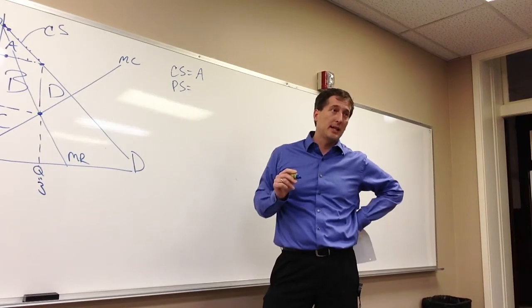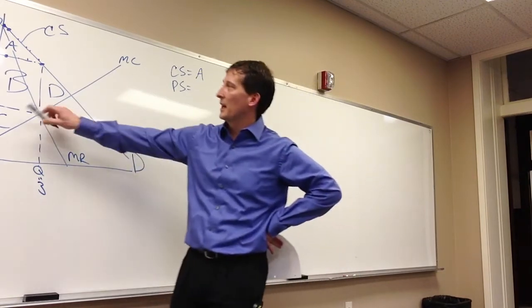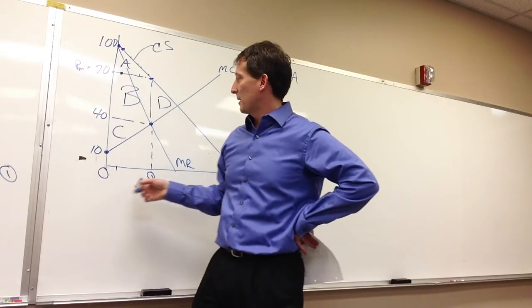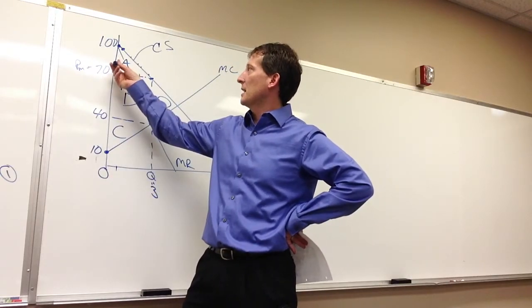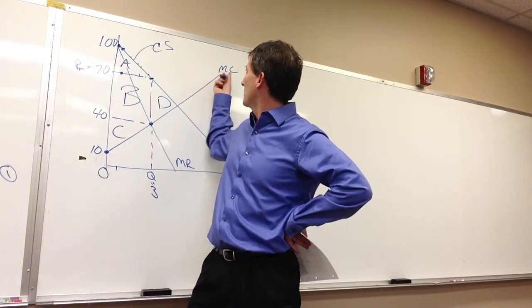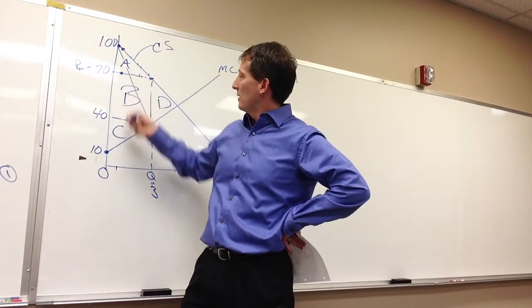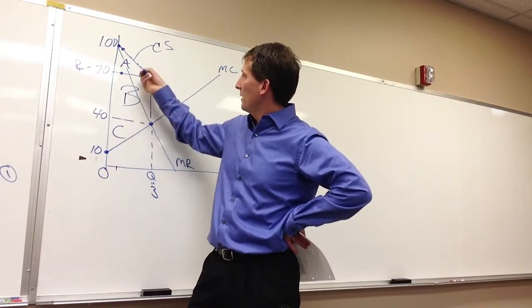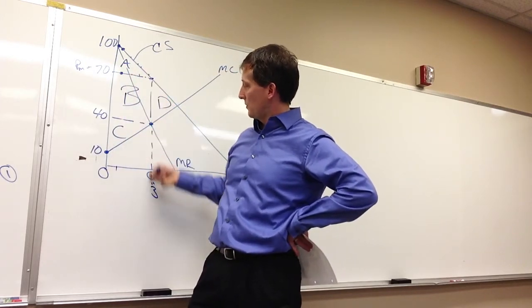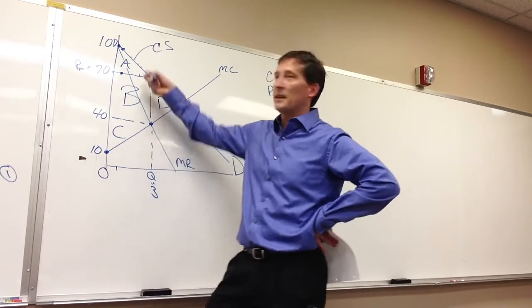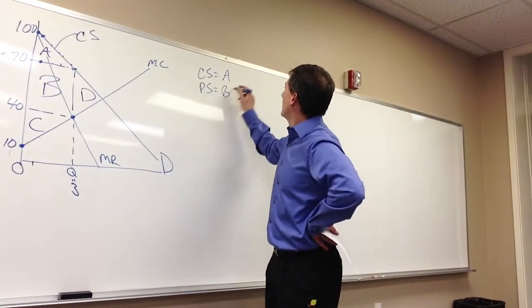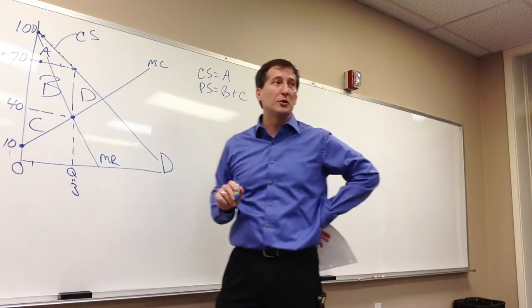B and C? B and C, yeah, don't forget the difference between what the producer actually receives and the minimum amount they must receive, the marginal cost. For every unit that they produce, which is 3, so B and C represent producer surplus.